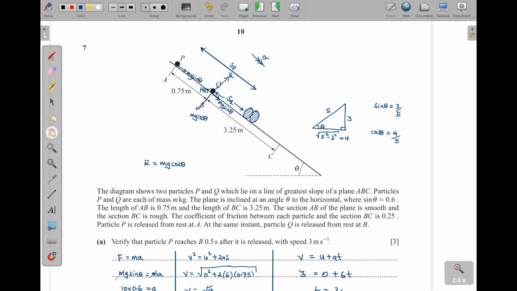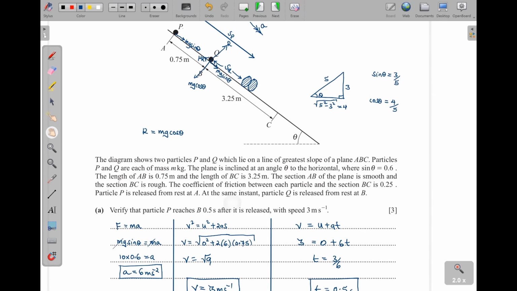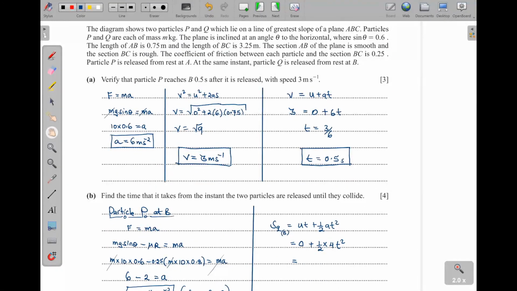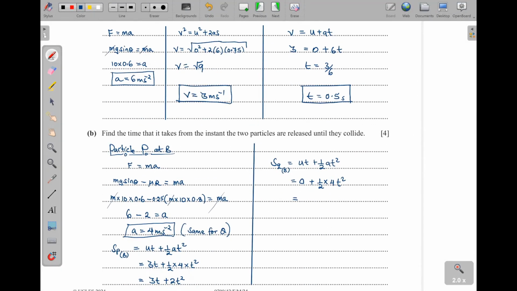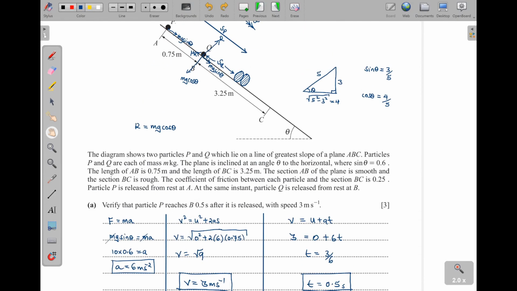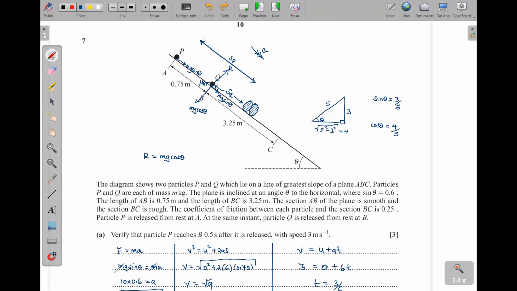Actually, for Q, it is not going to be like that. If for P the time taken to move from B up to the point of collision is T, then for Q, it has been already in motion.